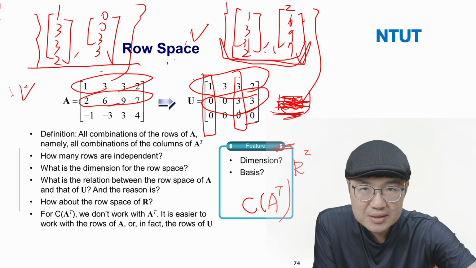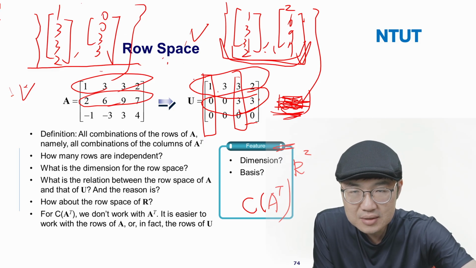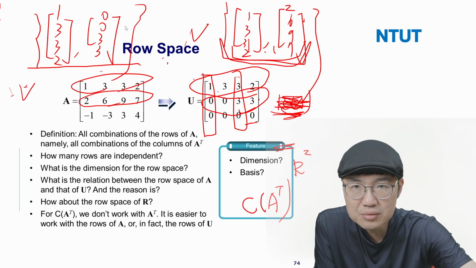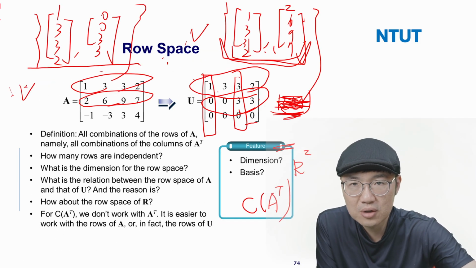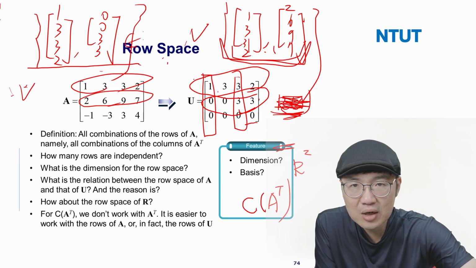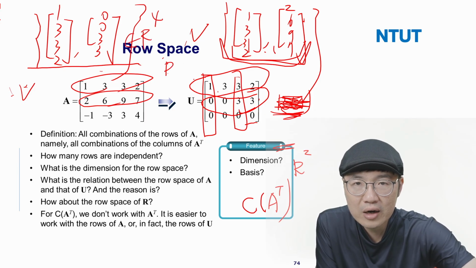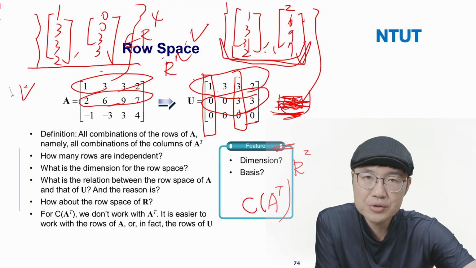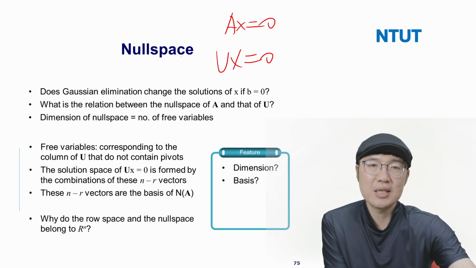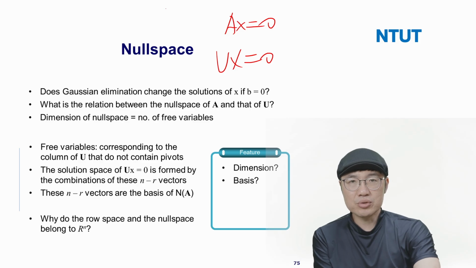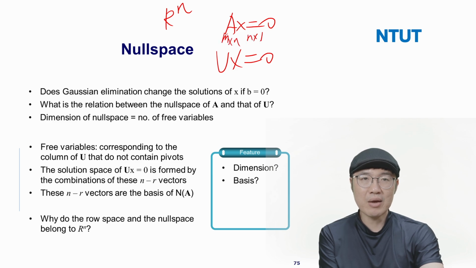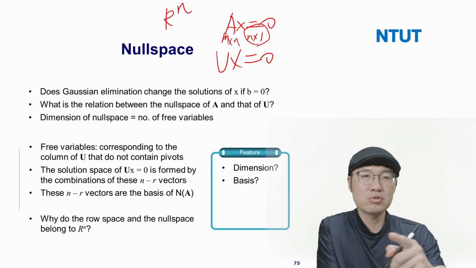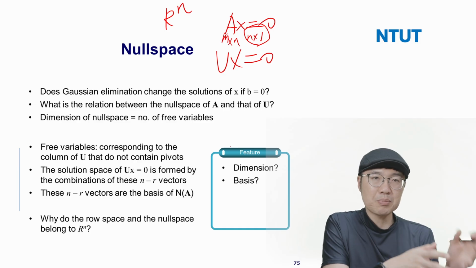The row space vector is like 1, 3, 3, 2, or 0, 0, 3, 3, or the linear combination. So each vector is from R4, or Rn for a general m by n case. Similarly, the null space vectors are also in Rn because if A is m by n, x must be n by 1. So each x belongs to an Rn space.